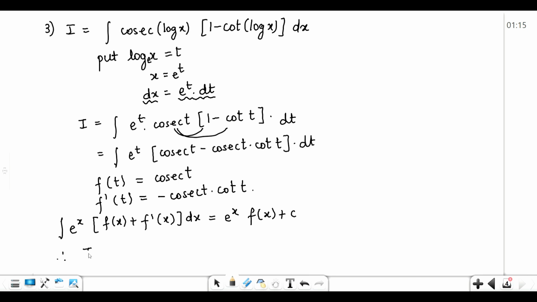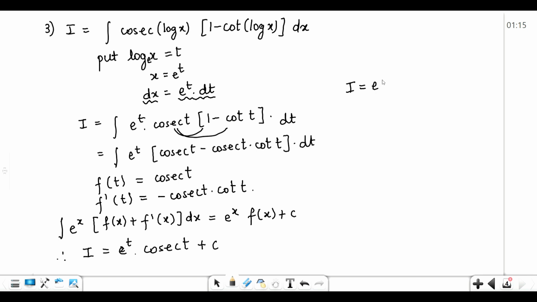So in our case, I will be equal to e raised to x and f of x, that is, in case of variable t we have cosec t, and in case of e raised to x it will be e raised to t. So I'll write it here as e raised to t times cosec t plus c. This is your final answer, but we also have to do the resubstitution.